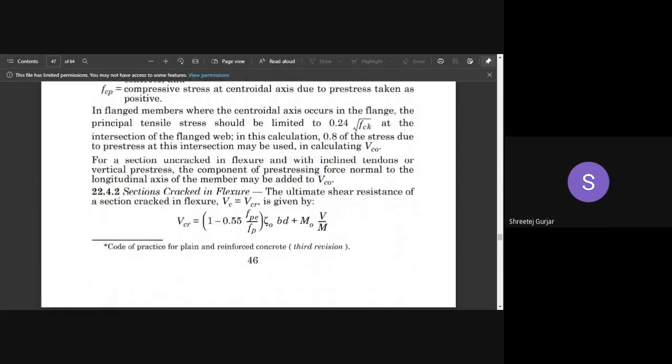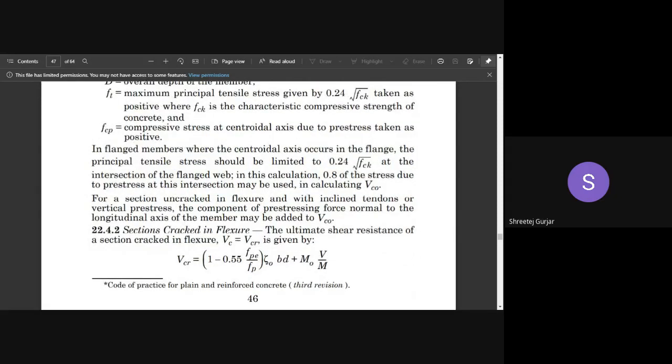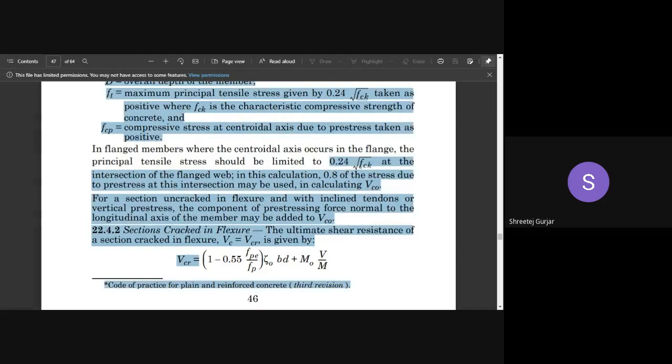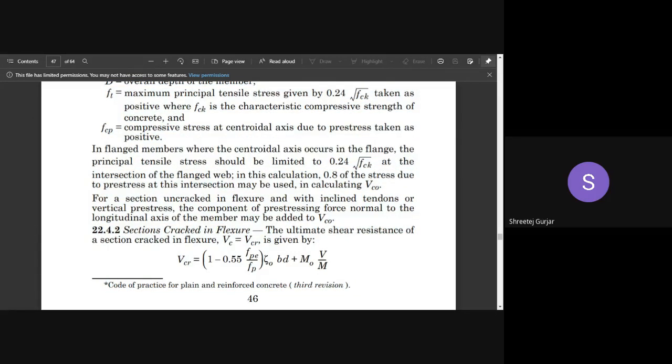A few things you have to remember: in flanged members, that is T sections and I sections, the centroidal axis usually occurs in the flange. Wherever it occurs in the flange, the principal tensile stress should be limited to 0.24 root FCK.